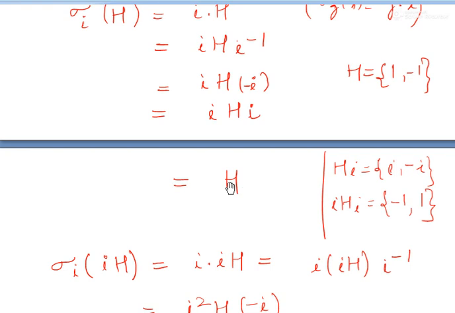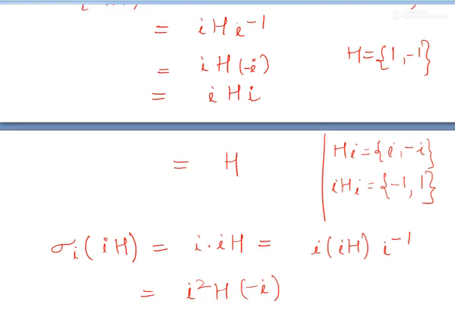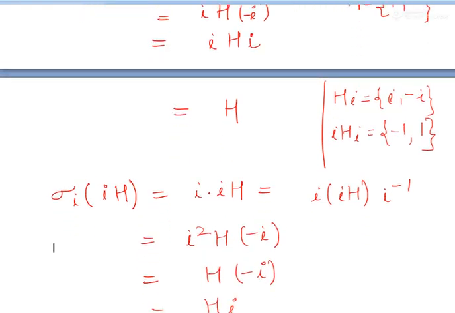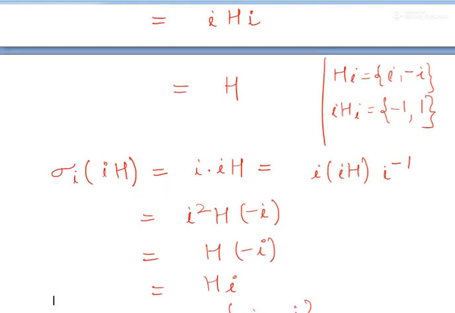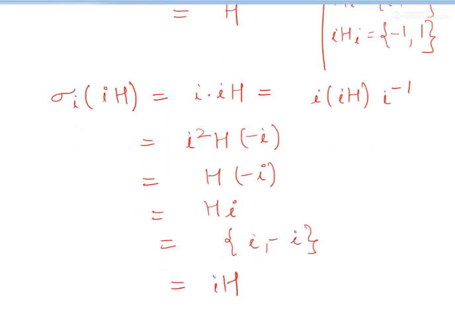Now we will find sigma I of IH, because in order to find a function, we have to determine how it acts on all the elements. So sigma I of IH will be I dot IH.